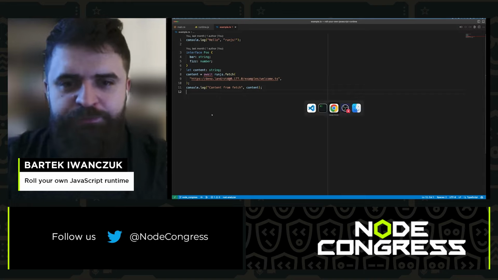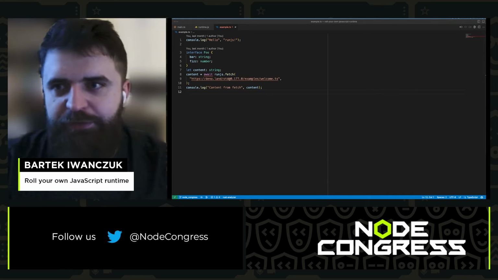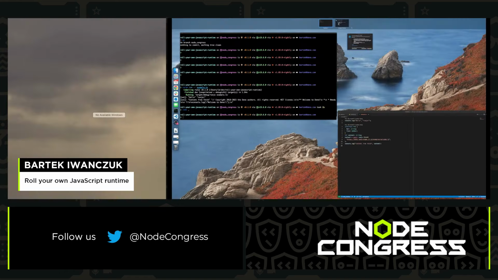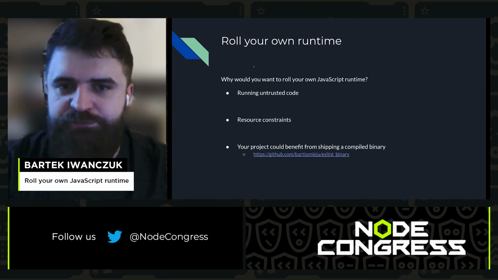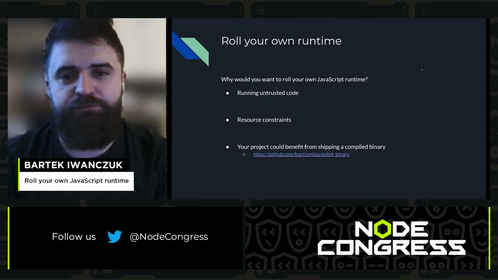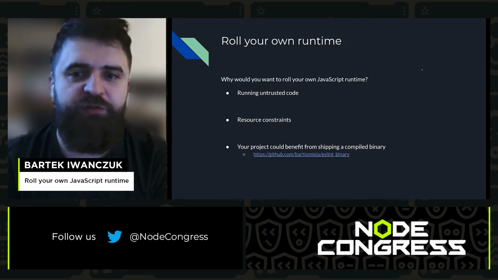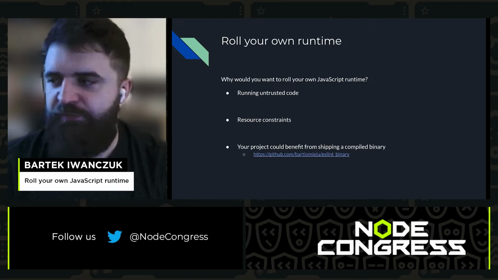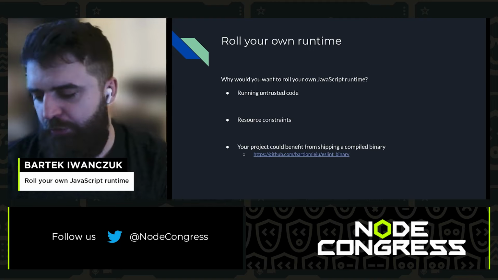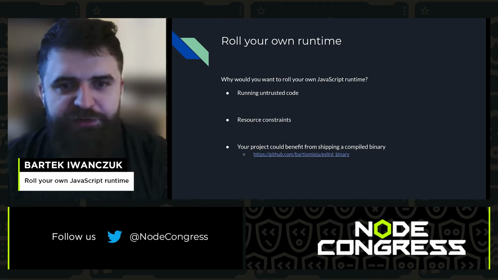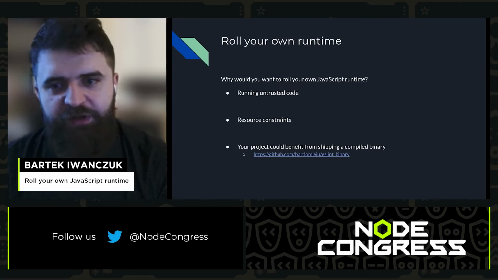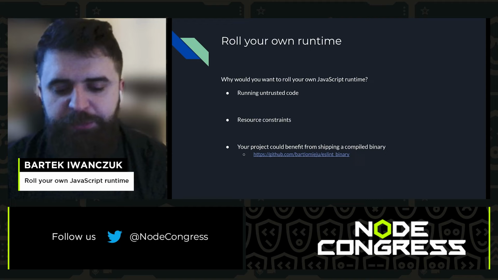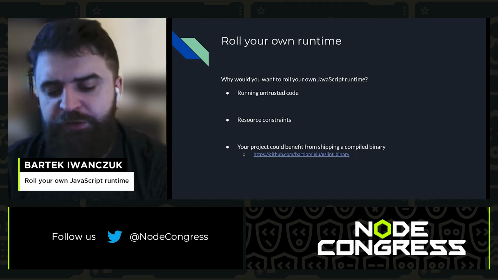All right, so let's jump into some actual interesting things. Why would you want to use your own JavaScript runtime? There are a few use cases. First of them is running untrusted code. You might not believe us, shipping Deno, that it's totally safe to run untrusted code, so you might want to run it inside a container.